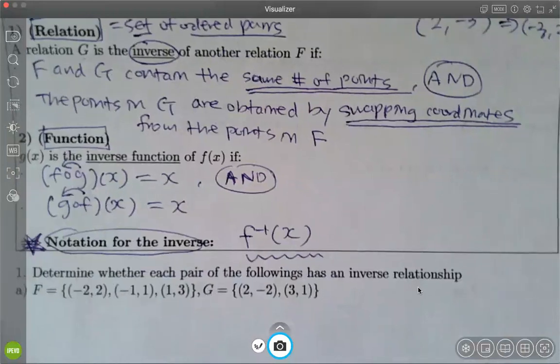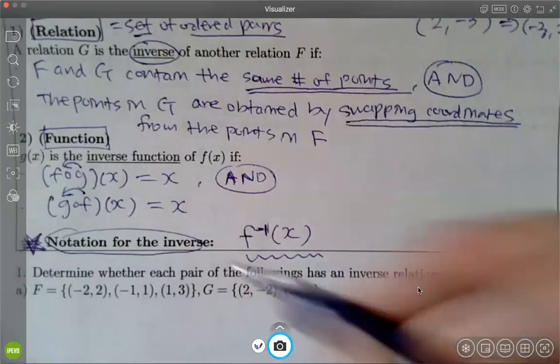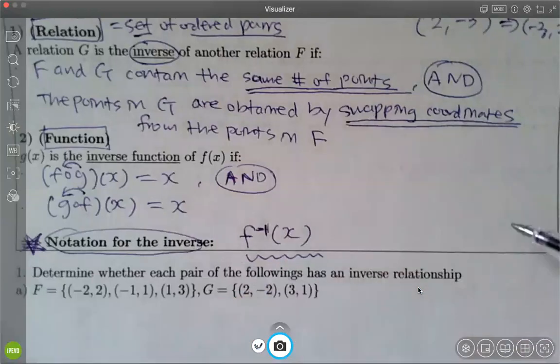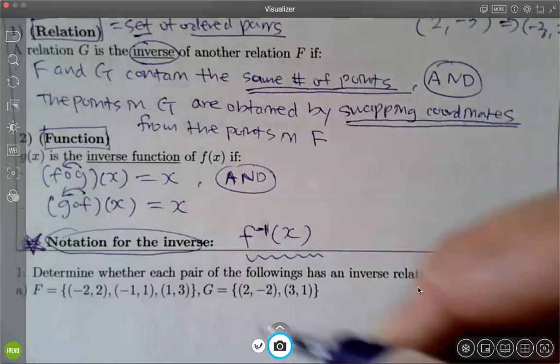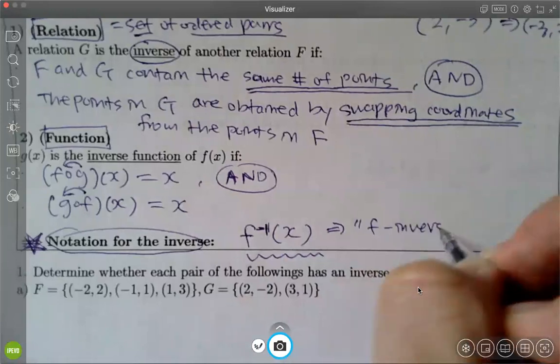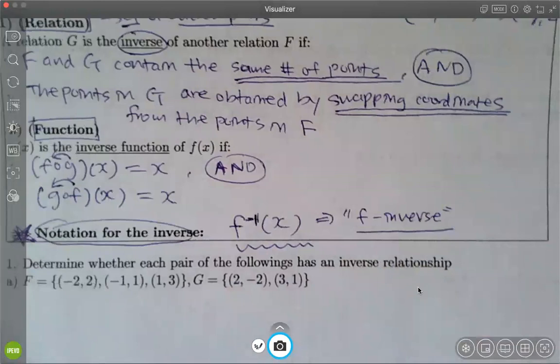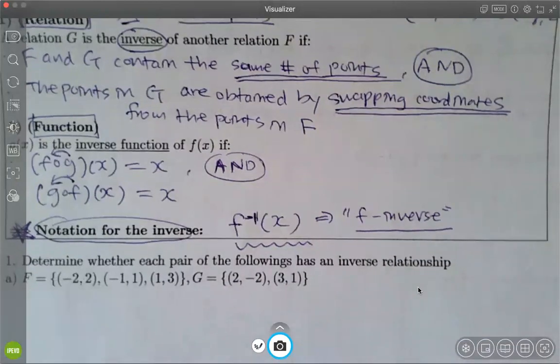Now, this is very popular. This -1 is not the reciprocal. That's just the notation. And how do you pronounce this? F inverse. It's not F to the power -1 or even F -1.